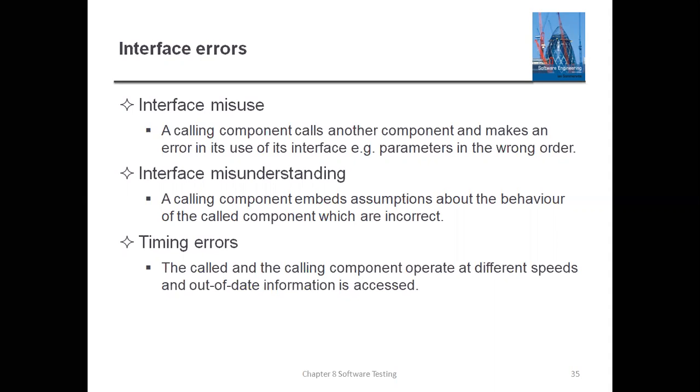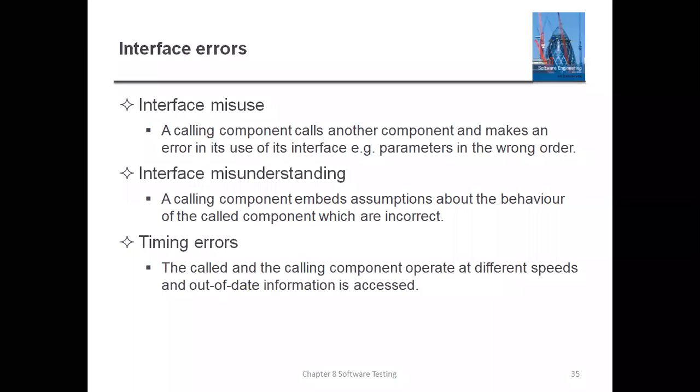If any component or subsystem calls another subsystem and that is not in proper order, for example we are calling a wrong component or a wrong subsystem, then we are misutilizing the interface. That is a kind of error which will occur during the testing procedure.